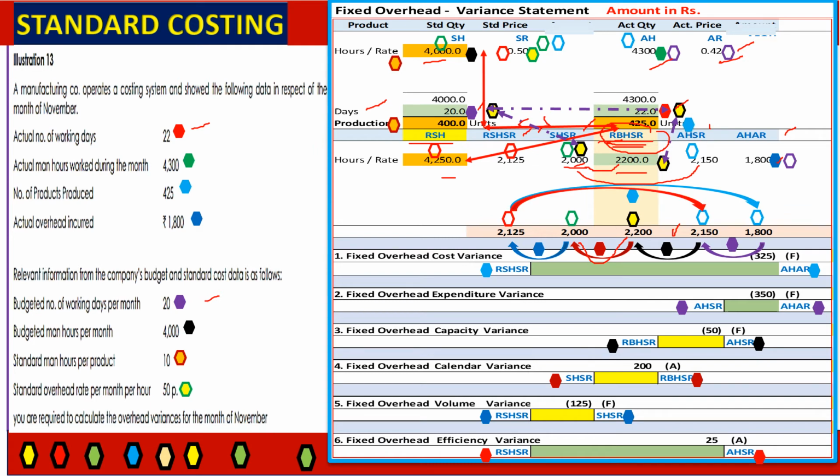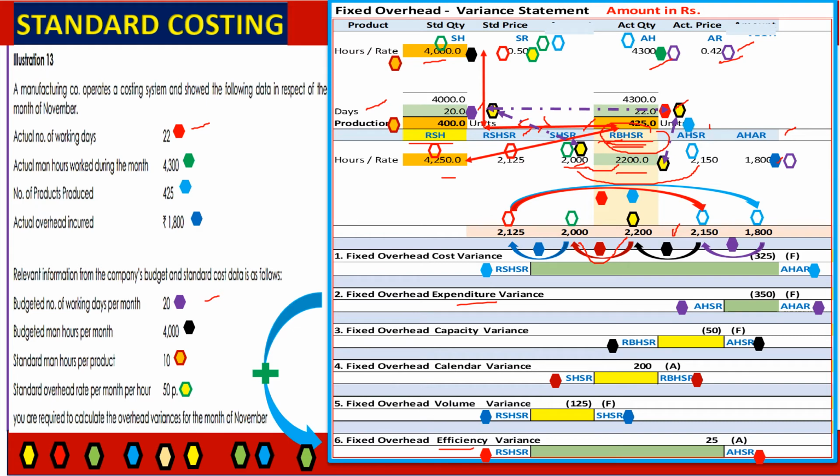This way you define 6 as cumulative consecutive steps, and this is how to remember capacity and split it into capacity and calendar. And with this, we are once again checking fixed overhead expenditure and efficiency.